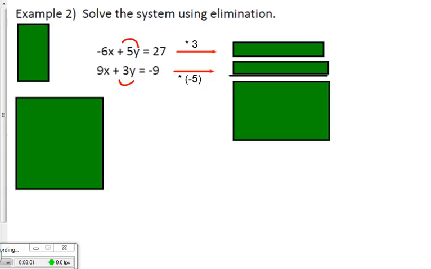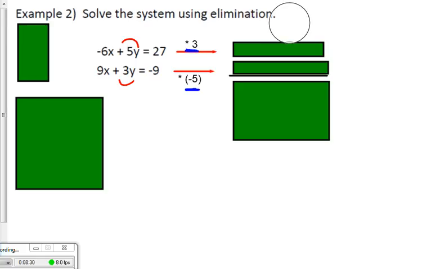I notice that 5 and 3, I can get them both to 15. 5 times 3 is 15. But one of them I need to be negative, and one of them I need to be positive. So to keep the top one positive, I multiply everything by positive 3. To get the bottom one to be negative, I have to multiply everything by negative 5.